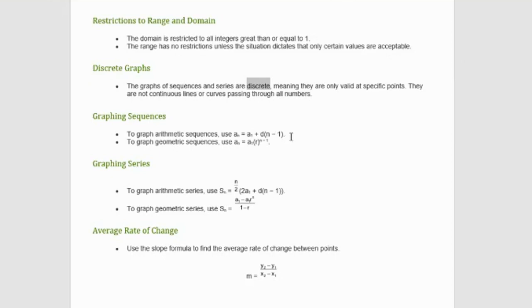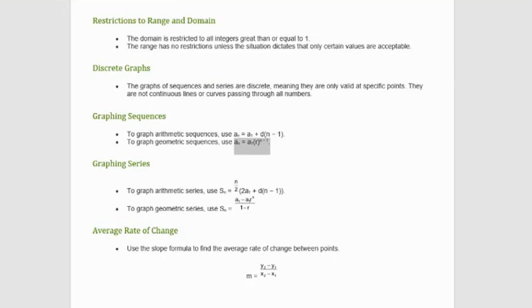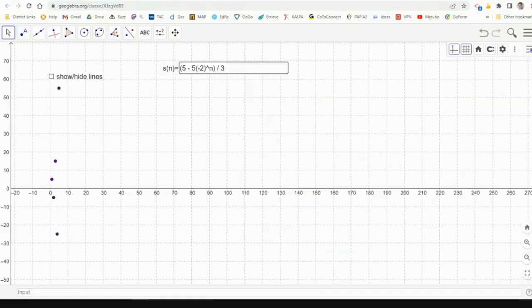Here's the graphing sequences, which we did some of that for arithmetic. Oh, and this is to graph geometric sequences. Okay, this is what I need to use. A sub 1 times r to the n minus 1. So let's change that. A sub 1 was 5. And it's negative 2 to the n minus 1.